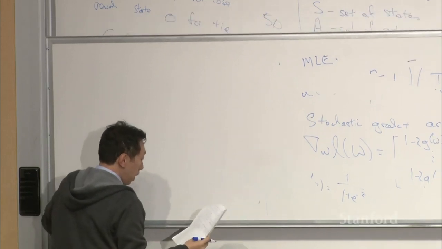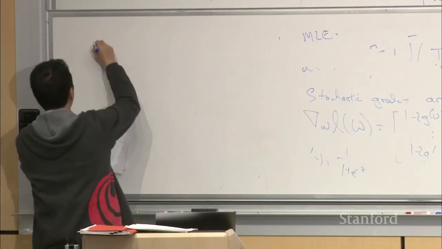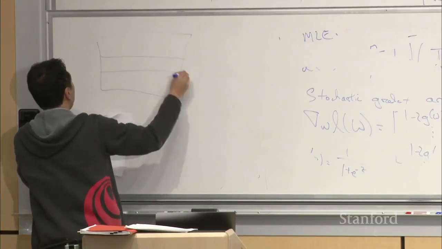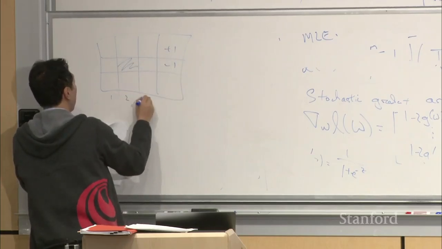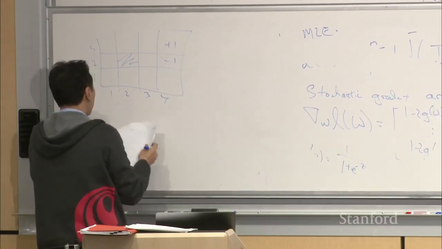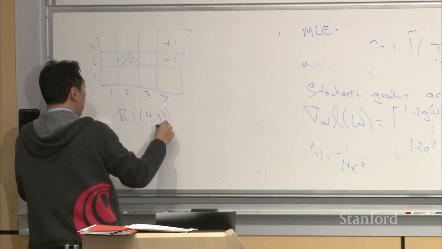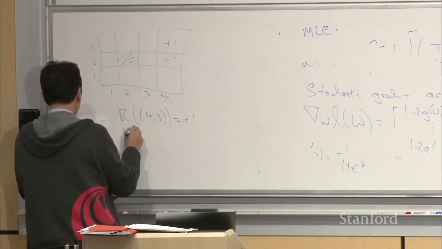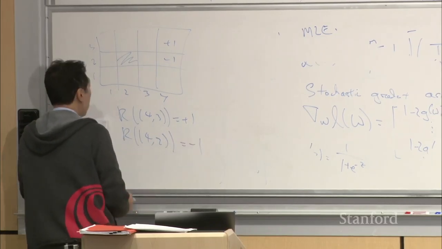So in our example, well, let me just copy that again. +1, -1. We have that the reward at the cell (4,3) is +1, and the reward at the cell (4,2) is -1.